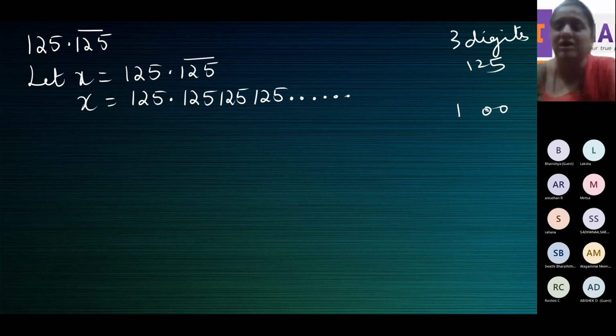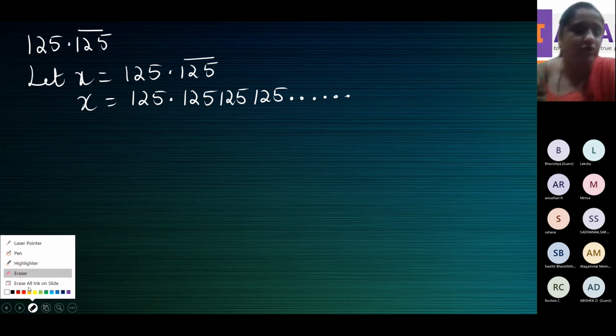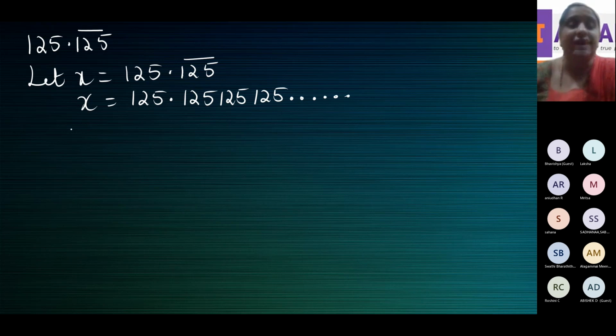Now the repeating block has 3 digits, 125, 125, 125. You can call this equation 1. Next, you must multiply x with 1000. Why 1000? Because 125, 3 zeros. So 1000, 1 followed by 3 zeros. So 1000x is equal to, you're multiplying x by 1000.